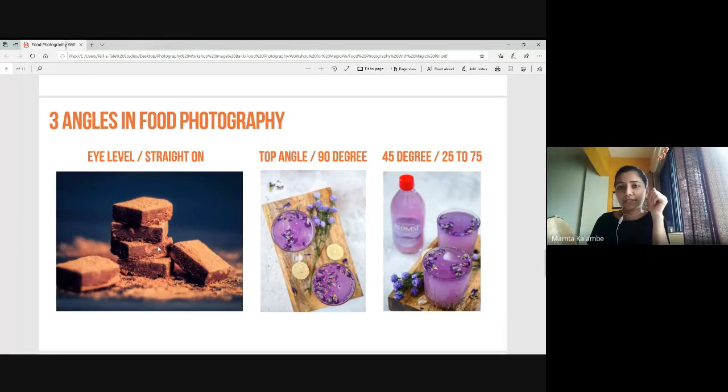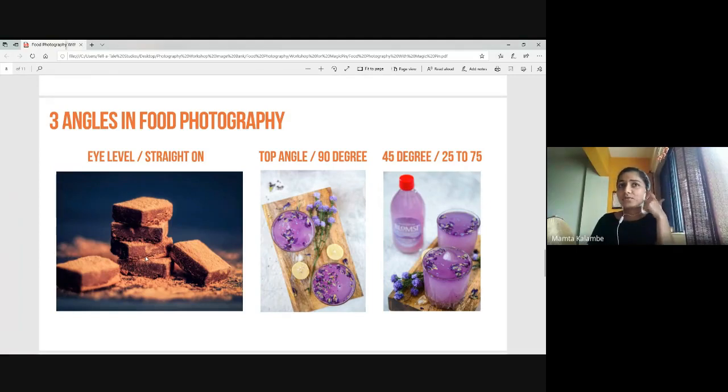I had kept these chocolates on a table slightly lower than where I was seeing from, so I had to really bend down and shoot to even see these layers. I had to go to the level of where the chocolates were placed, and then shoot. So it basically means that your eyes are at the level of your subject.